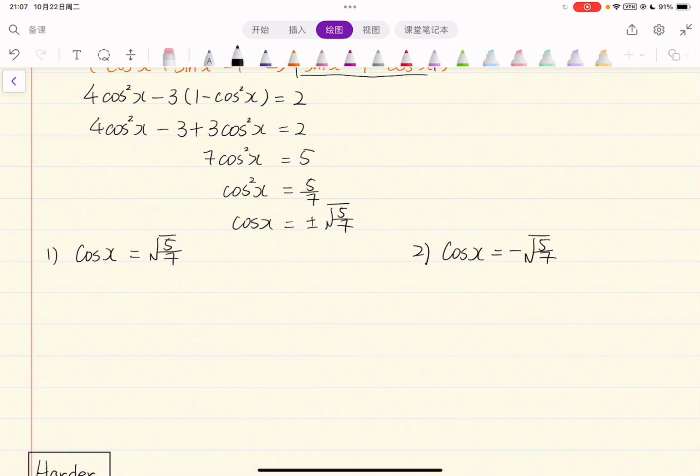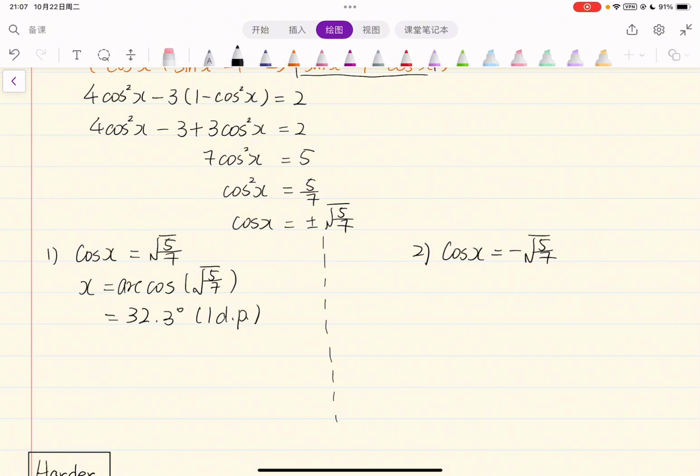Now, let us find the value of x in the first situation. We have x equals arc cosine square root of 5 over 7. You will get 32.3 degrees in the calculator, that is 1 decimal place.